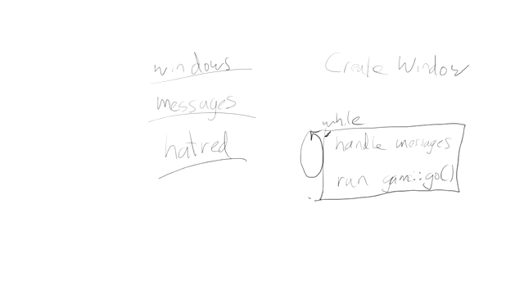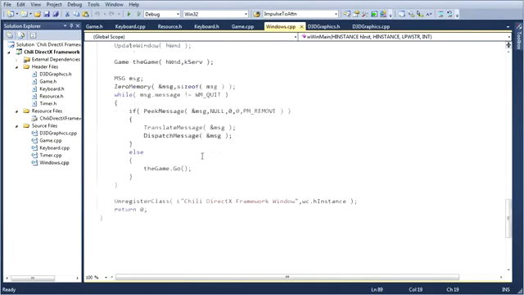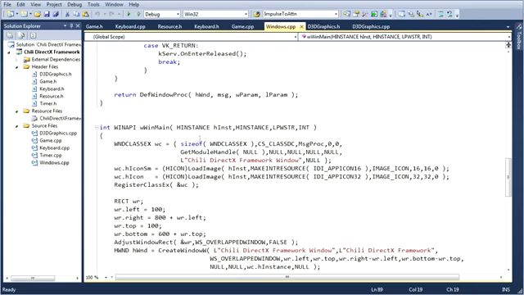Now the trick is, first of all, how you create your window, and second of all, how you handle the messages. And that's what I'm going to be talking about today. There are two parts to creating your window. The first part is you have to register a class of the window, which is kind of similar to classes in C++.